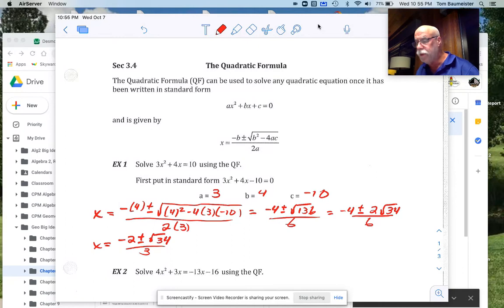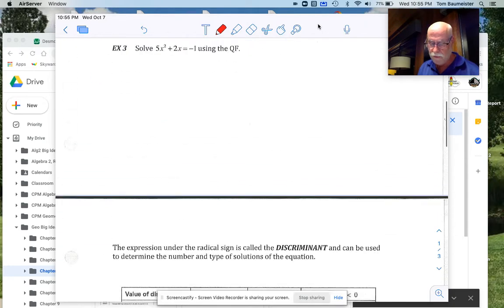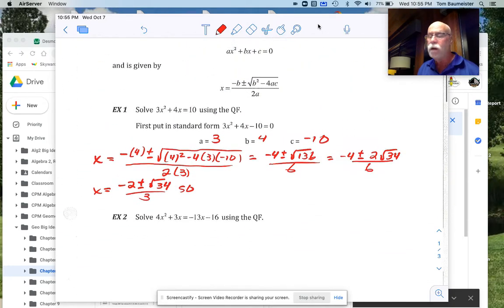And from there, read the directions, see if it tells you to round to the nearest hundredth or nearest thousandth. If it doesn't tell you, we'll find out, won't we?